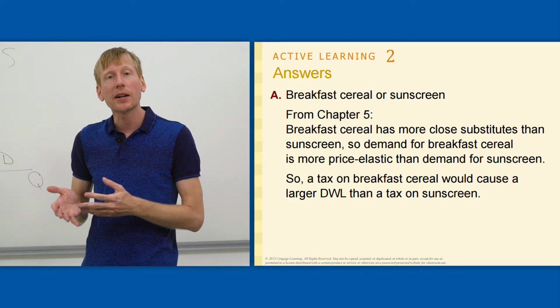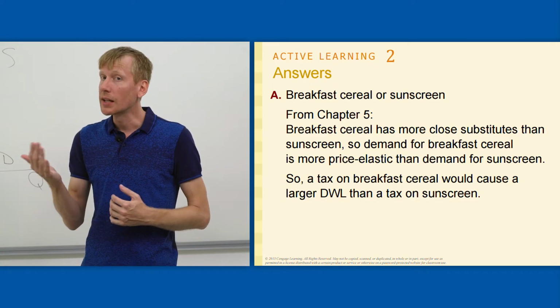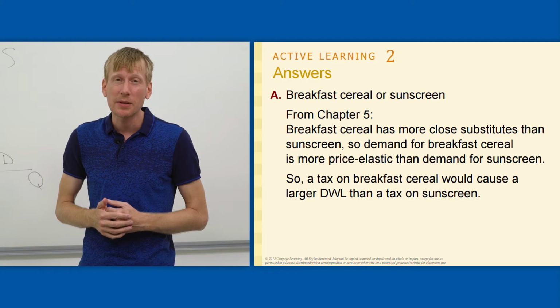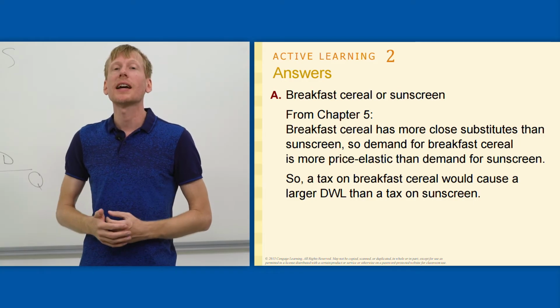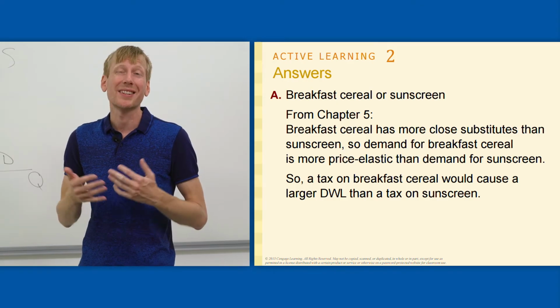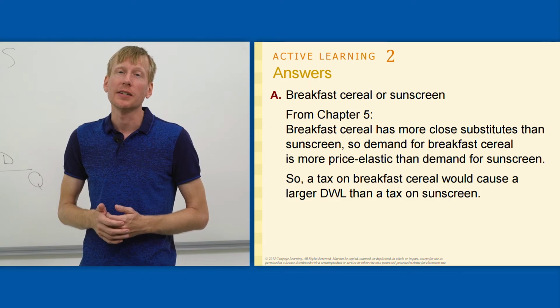Therefore, a tax on breakfast cereal would create a lot of deadweight loss. In the case of sunscreen, on the other hand, sunscreen has very few, if any, substitutes. Therefore, the price elasticity of demand for sunscreen is very low. As a result, if we were to tax sunscreen, this would not create very much deadweight loss at all.